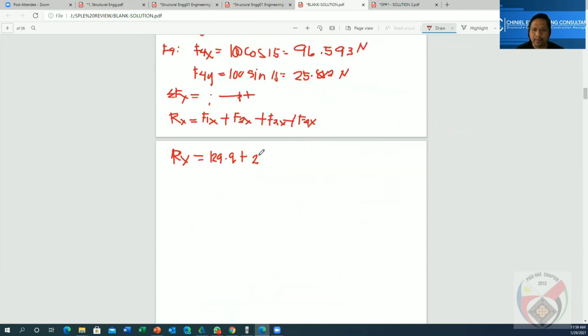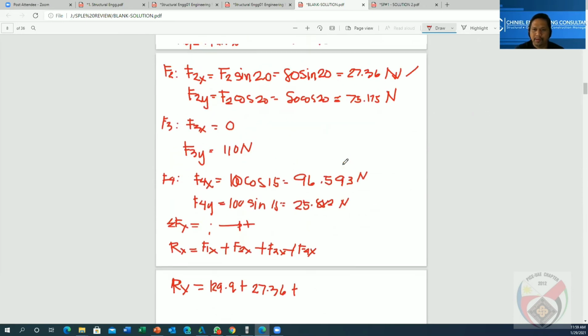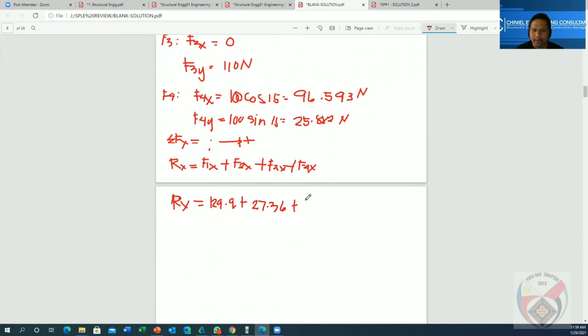Then F3x is 0 and F4x is 96.593. So Rx equals, please calculate. Yeah, right, there is a negative. Engineer Jeffrey, yeah, it's correct.